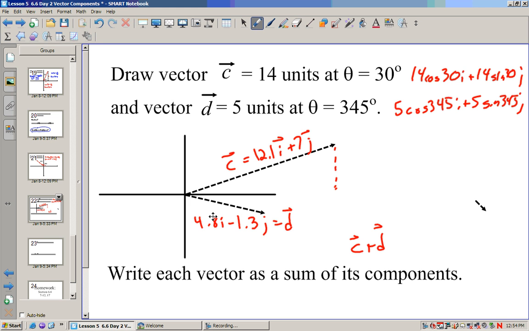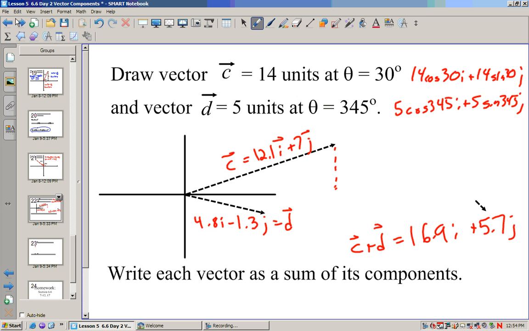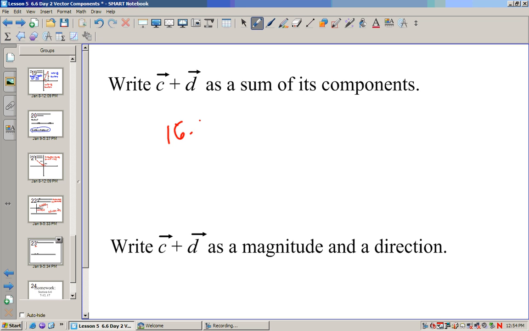So 12.1 plus 4.8 gets us 16.9i. 7 minus 1.3 will give us 5.7j. So if we add these two vectors together, it would be 16.9i plus 5.7j. That's C plus D.